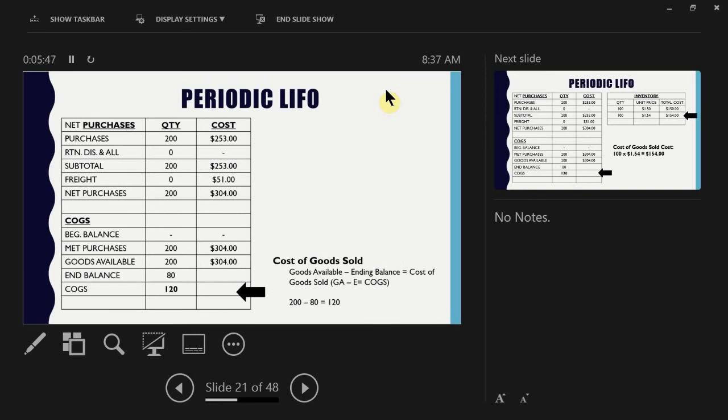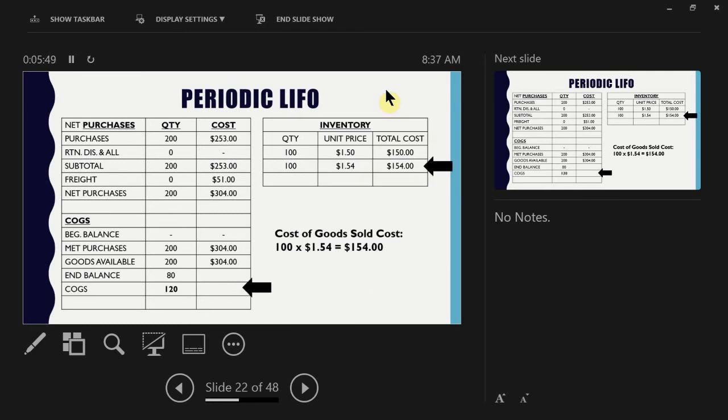So now that we solved for our cost of goods sold, we now need to figure out how much it's going to cost me in general. In this case, I need to sell a total of 120 units. If we use the method of LIFO, the last batch that we bought was the one on June 11.